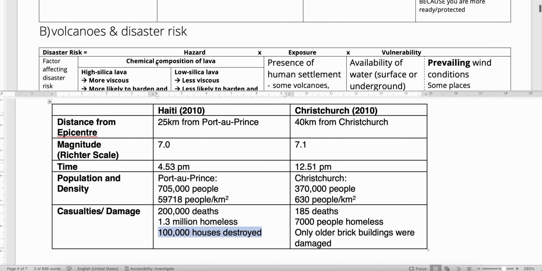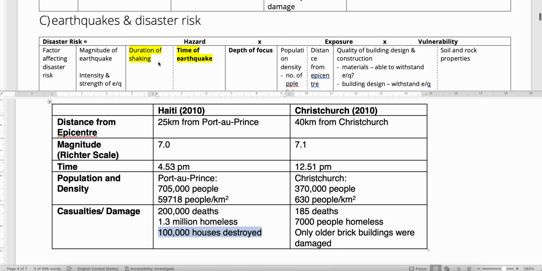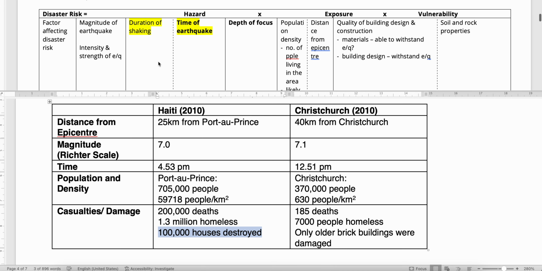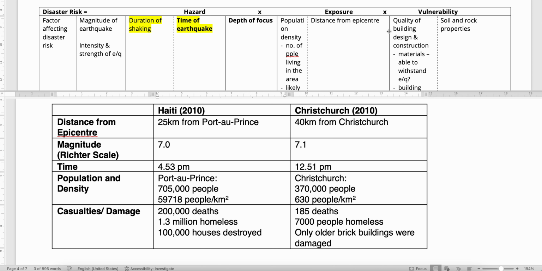This is an earthquake hazard, so we will skip the volcanic hazards and go to the earthquake hazards. For earthquakes, you have learned that there are multiple factors that can affect it: the nature of the hazard, the exposure, as well as the vulnerability. Please don't mind me, the lines are not aligned properly in my version here, because I was going through it with my class. Disaster risk means the chance of a lot of deaths, damages and injuries, right?